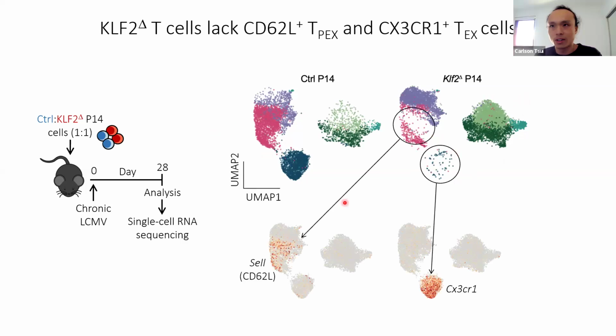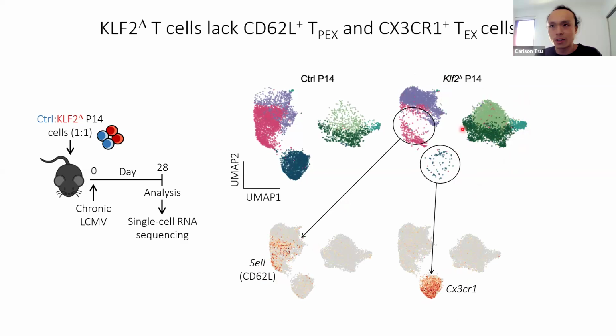That nicely corresponded to the CD62L positive T-PEG cells, as well as CX3CR1 TEX cells. Instead, the KLF2 knockout populations were more enriched in CD101 TEX cells, and also in this case CD62L negative T-PEG cells.